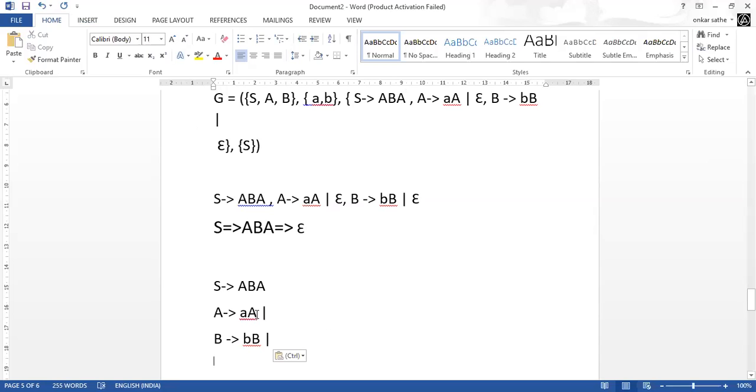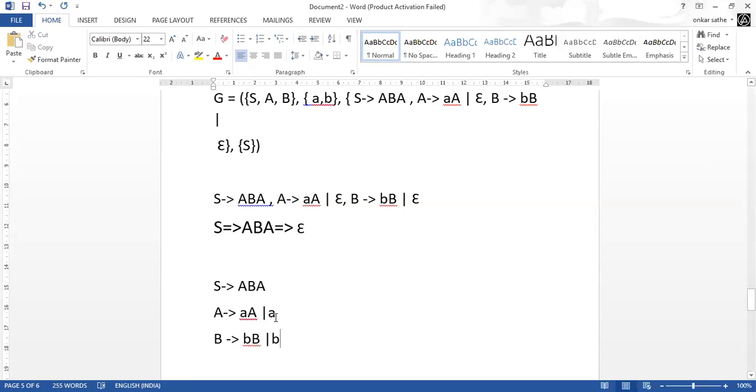Then in the third step, we have to add the resultant productions. Now, first consider this production: A gives small a, capital A. If we replace this A with epsilon, it will produce the production small a. Similarly, in the B production, if we replace this B with epsilon, it will produce the production small b.